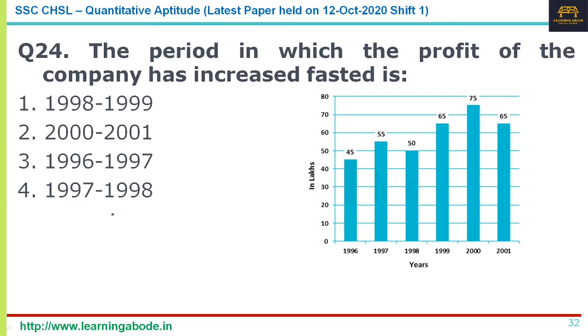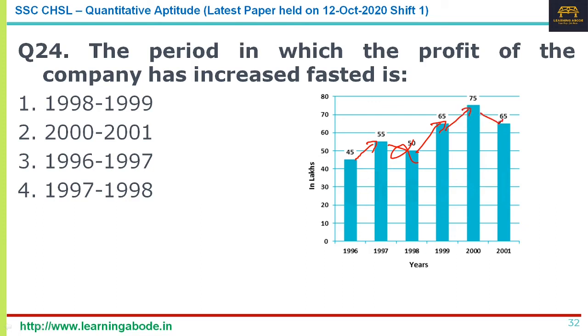Okay, so the question is, the period in which the profit of the company has increased. If you look at just the percentage value, 45 becomes 55. Now 55 to 50, that's a dip, so you don't have to consider this. Now 50 becoming 65, that's a good increase, and 55 to 75, that's an increase but not great.